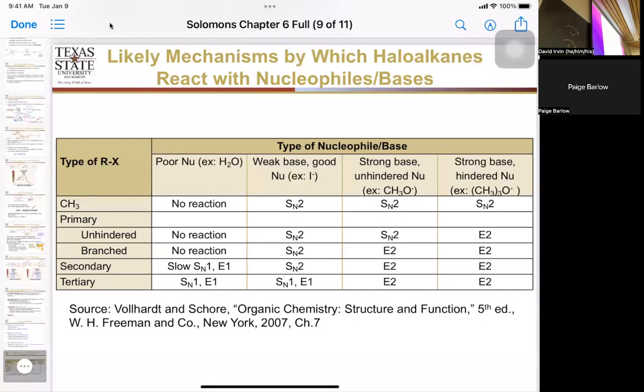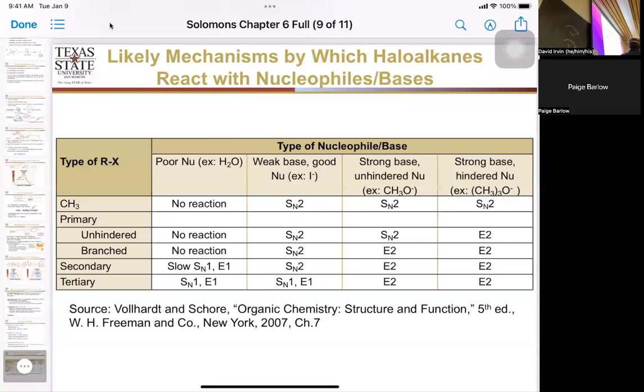If the base can't get in there to act as a nucleophile, it will act as a base on the beta hydrogen, because that's one carbon over, so it's less sterically hindered. If it can't act as a nucleophile, it'll look for the hydrogen on the beta carbon. So branched, secondary, and tertiary will undergo elimination reaction with strong, unhindered bases.